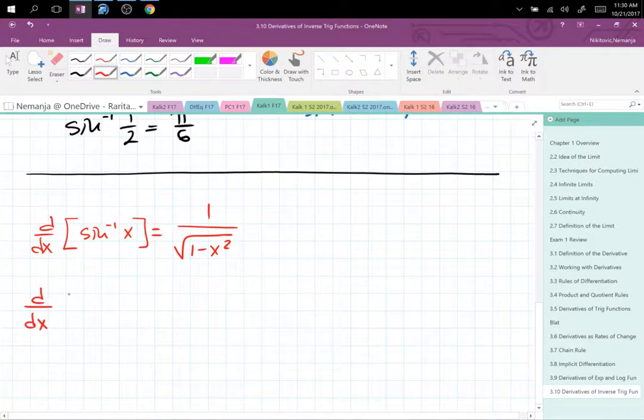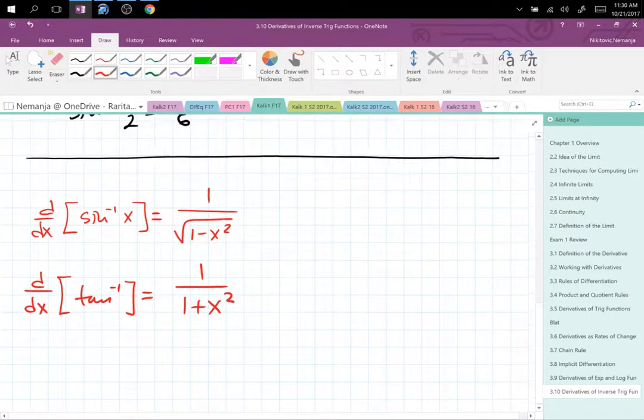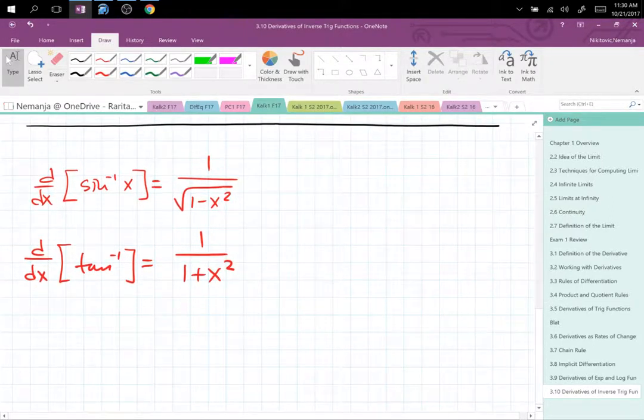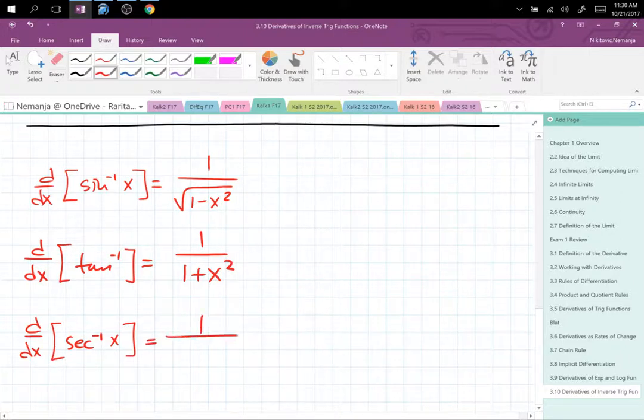Then we have the derivative of inverse tangent, which is 1 over 1 plus x squared. And we have the inverse secant. Now this one features the absolute value, so you have to be careful. It's not there for decoration. You have to use this absolute value.